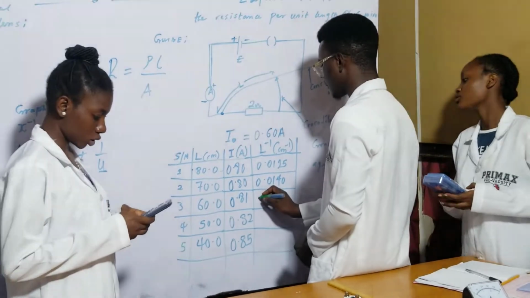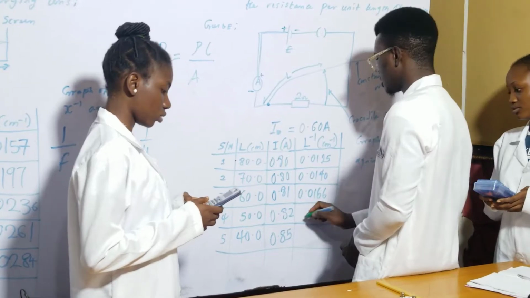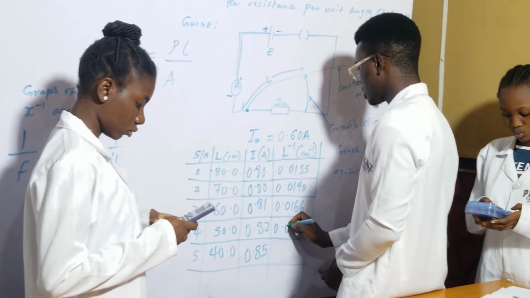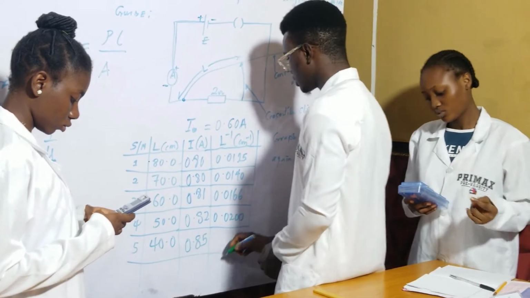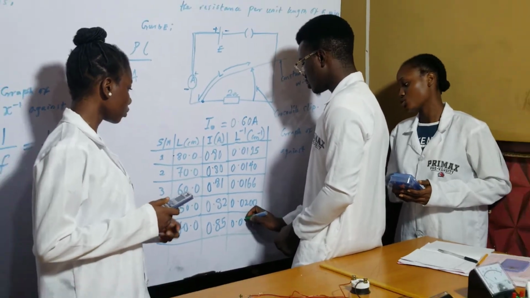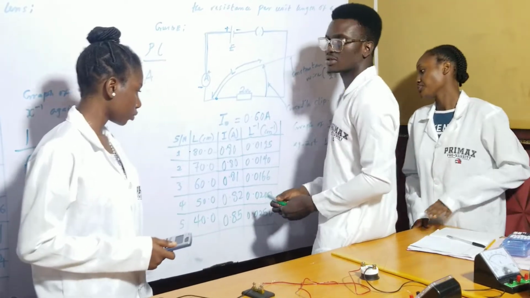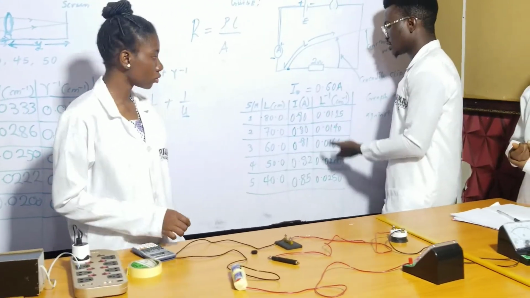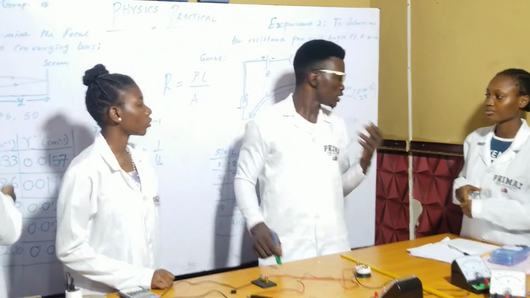Inverse of 60? 0.0166. Then inverse of 50? 0.0200. The inverse of 40? 0.0250. So you must be consistent in recording your values: 2 decimal places, 3 decimal places, 4 decimal places, and so on. So that is what we have.